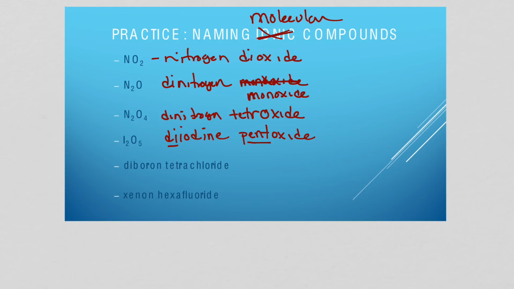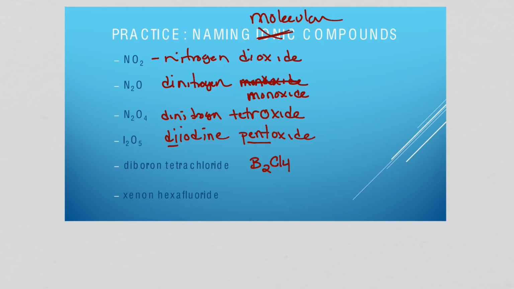So first part, I have diboron. Well, I know boron, that's B, and there's 2 of them, so I have B2, and I have chlorine, and I have tetra, so I have 4 of them. So I have B2Cl4. Diboron tetrachloride.